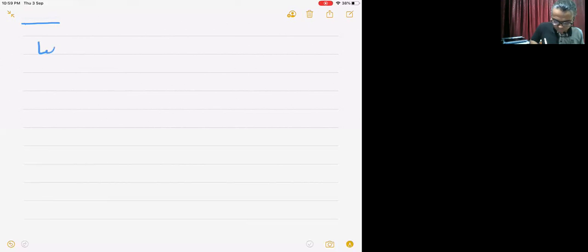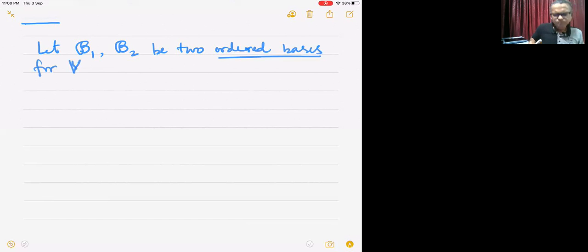So the question: let B1, B2 be two ordered bases for V as a vector space over F. And let v in V be arbitrary.